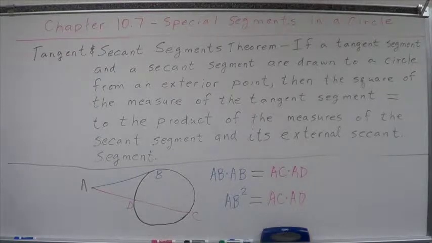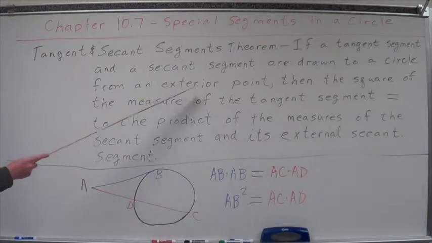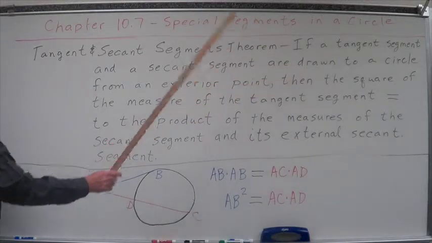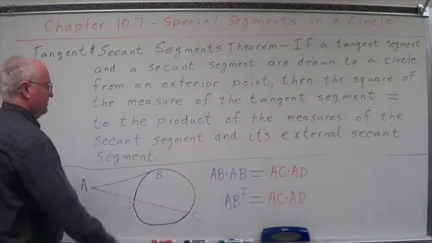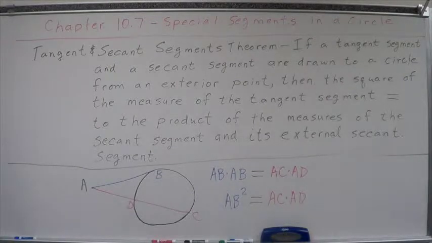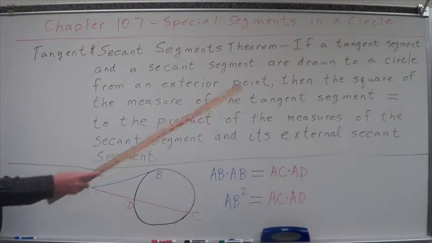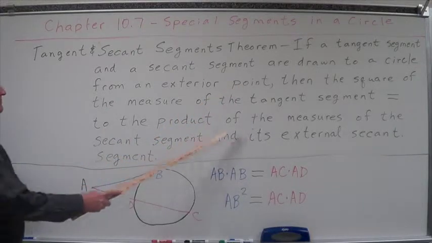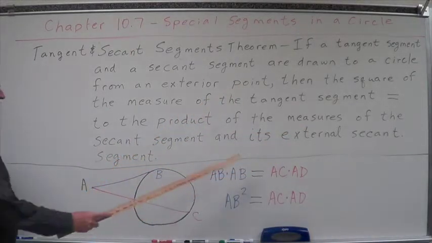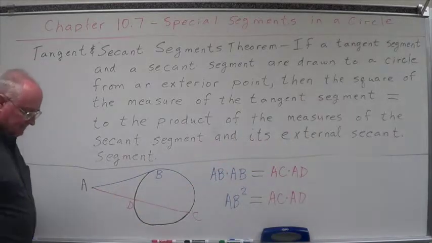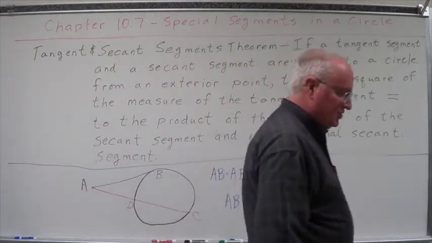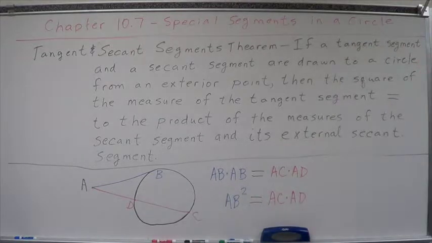If a tangent segment and a secant segment are drawn to a circle, again from an exterior point, in other words, they originate from an exterior point outside the circle, then the square of the measure of the tangent segment, in other words, if we multiply the tangent segment by itself, okay, square it, equals the product of the measures of the secant segment and its external secant segment.